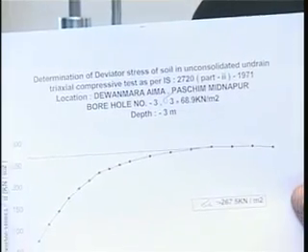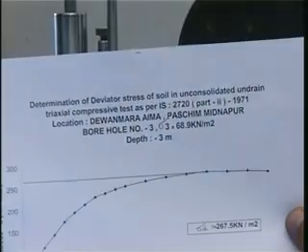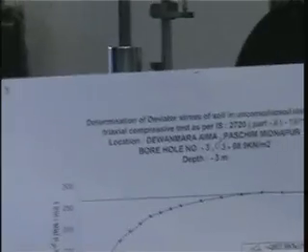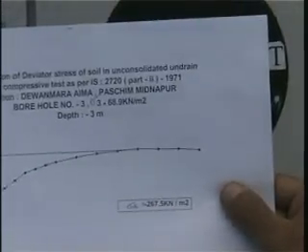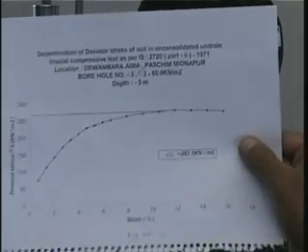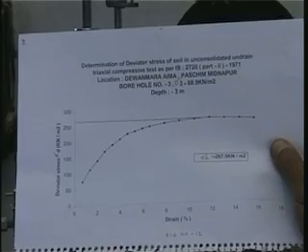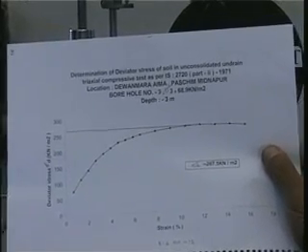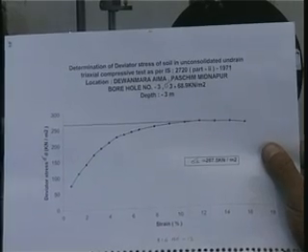That gives us the deviator stress versus the axial strain. And as I was mentioning before, we read the peak of this plot, and from that we can get an estimate of the undrained shear strength of the sample.